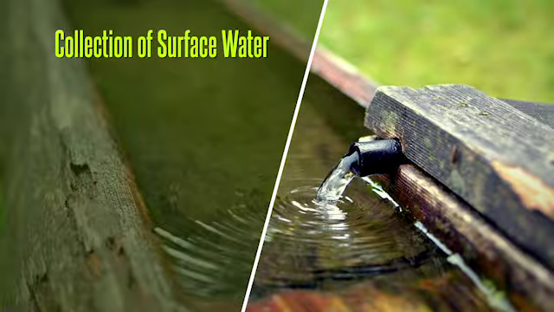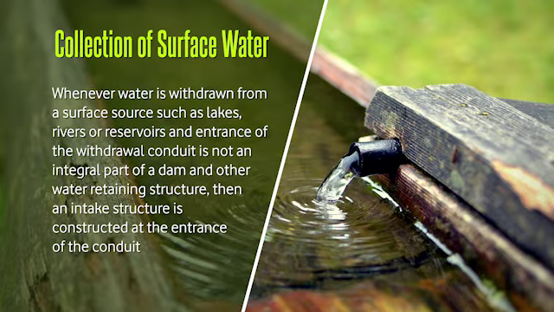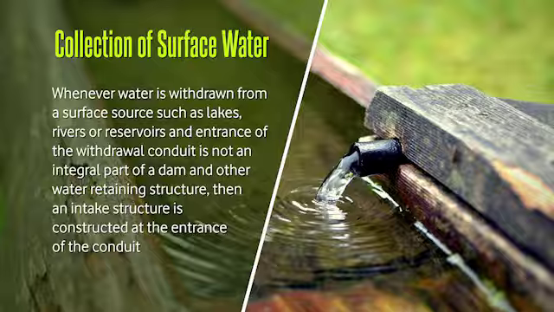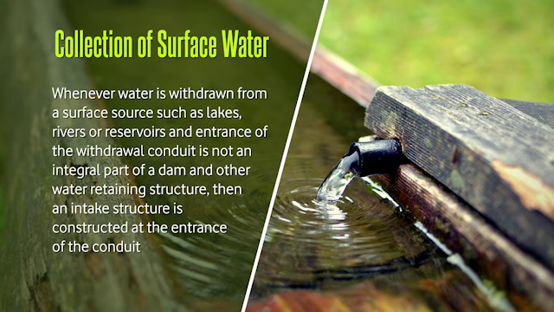Collection of surface water. Whenever water is withdrawn from a surface source such as lakes, rivers or reservoirs, and the entrance of the withdrawal conduit is not an integral part of a dam or other water retaining structure, then an intake structure is constructed at the entrance of the conduit.